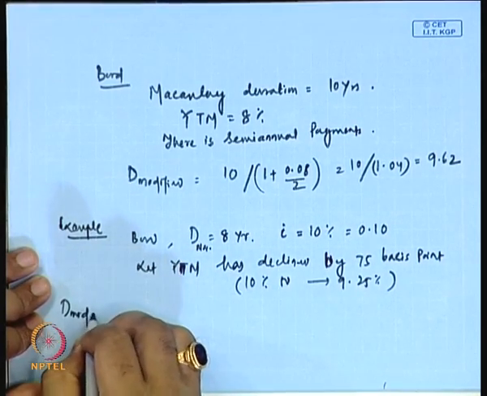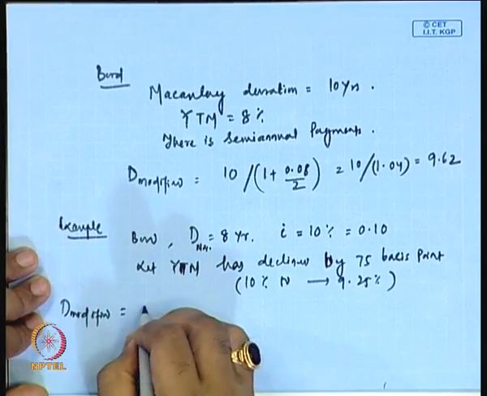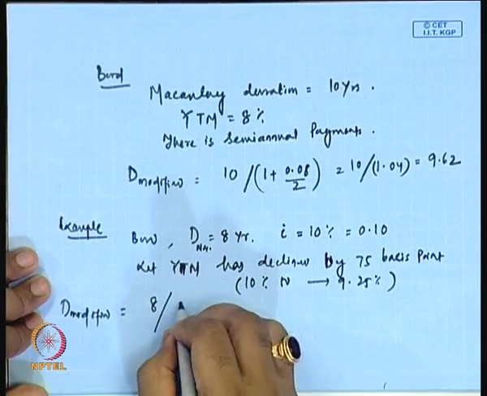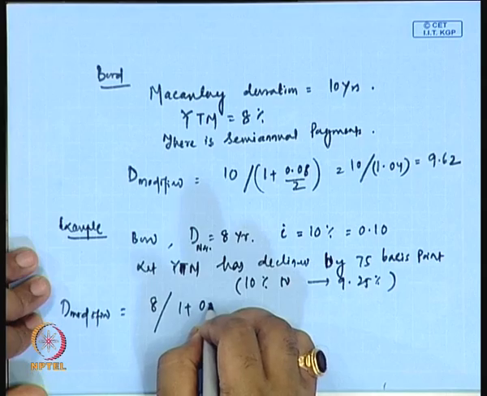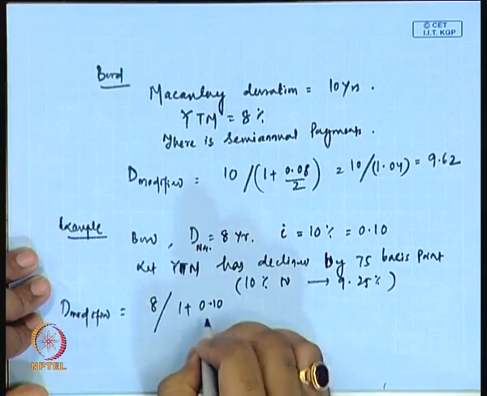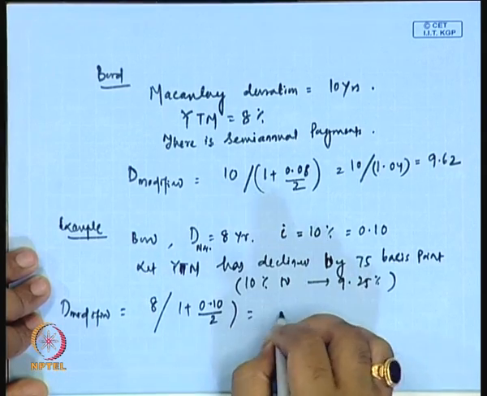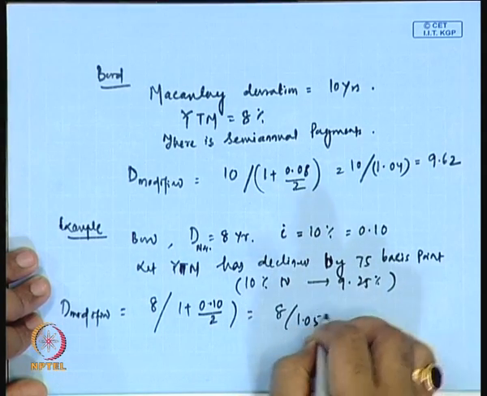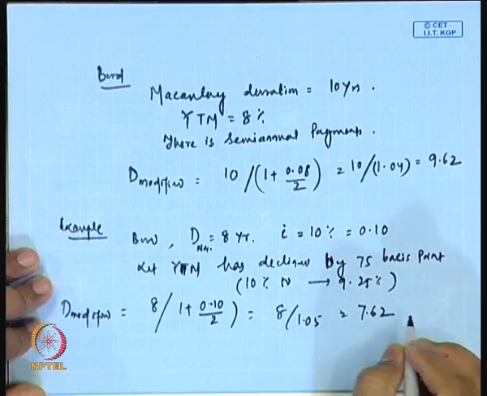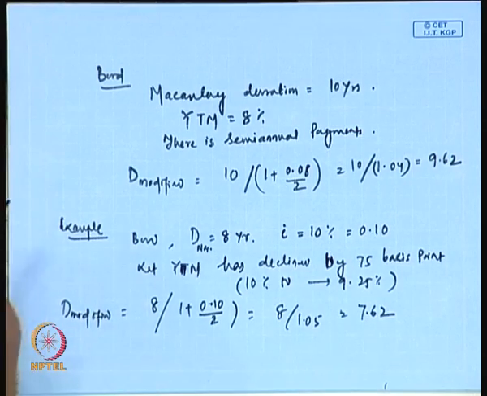It is 8 divided by 1 plus 0.10 by 2, that is 8 by 1.05, which is 7.62. So the modified duration of the particular bond is 7.62.